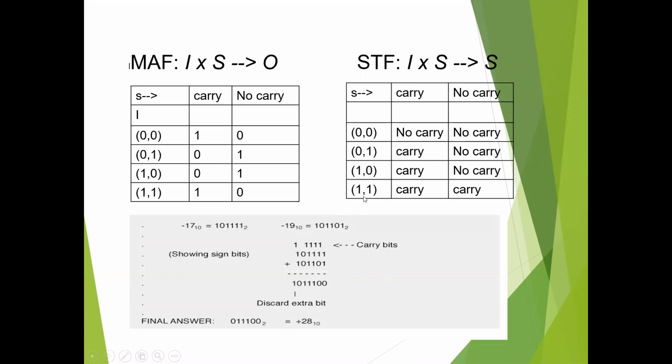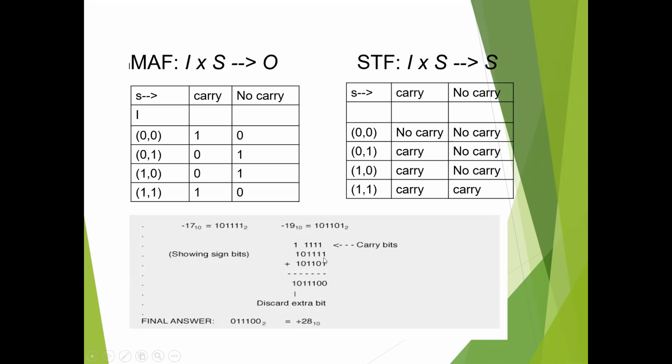So now this example in STF and MF, we were thinking of two binary digits, either 00, 01, 10 or 11. Now we'll try to apply this on a number where you will have multiple binary digits.